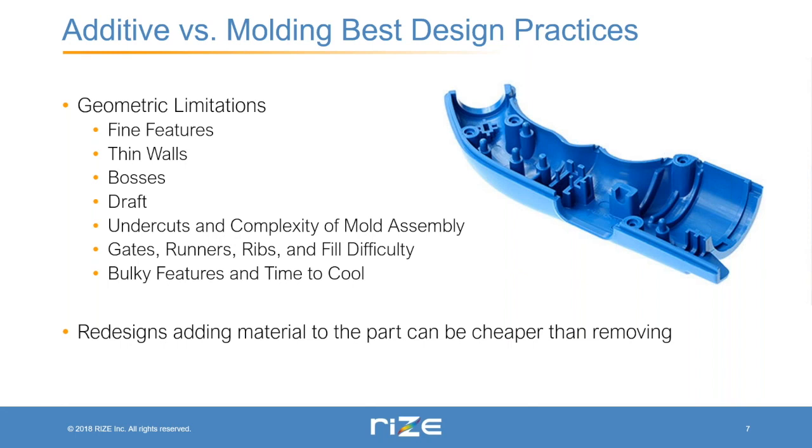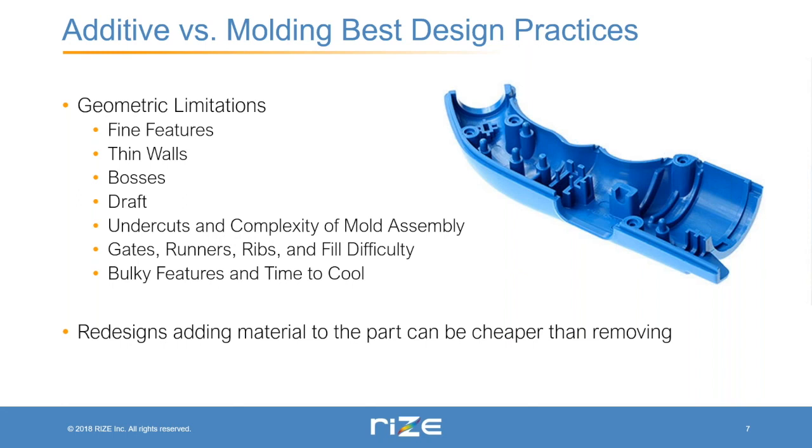So if this is the case with a part that you're looking at that's been designed for molding, then in some cases it may in fact be better to add material to strengthen the part, because with additive manufacturing you won't have to worry as much about that sort of deformation as the thermoplastic cools.